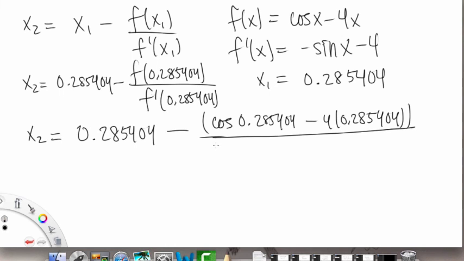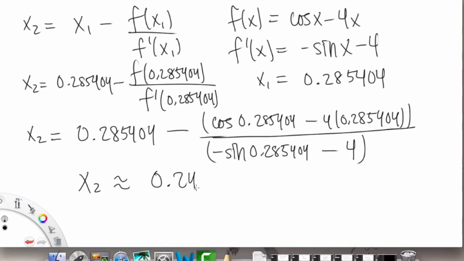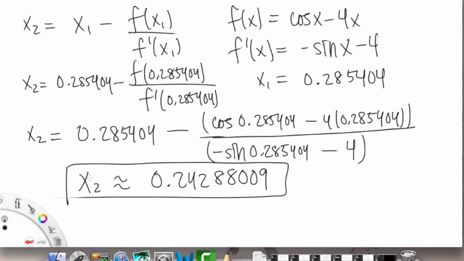Then f prime of that number is negative sine of 0.285404, minus 4. When we plug all that into the calculator, x sub 2 is about 0.242880009.